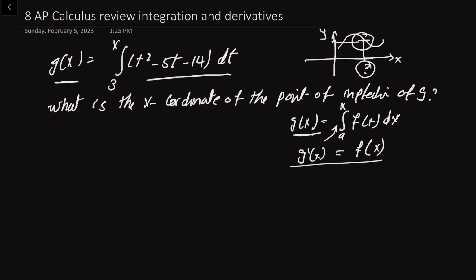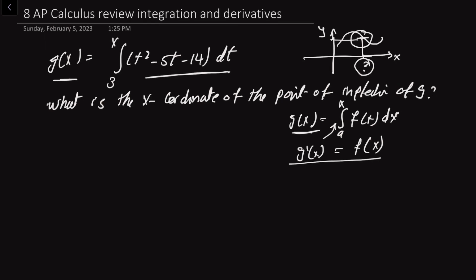Also, if we have a function g of x and we take the first derivative, that will basically give us the slope. In other words, it will tell us whether the function is going up or going down, depending on the value of the slope.